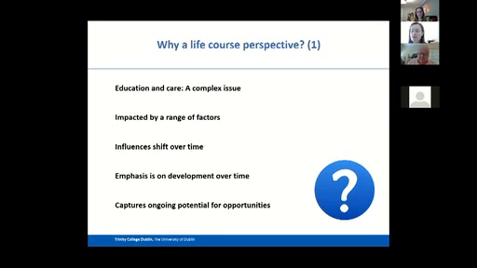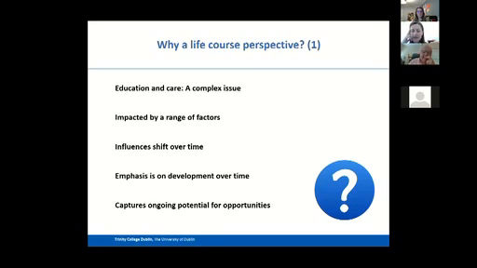But as some of you might already be aware, the issue of education and care is not a straightforward issue. There are lots of various factors that have already been identified as impacting on the educational attainment and experiences of young people in care and care leavers. And that's also true in the literature for the general population as well.